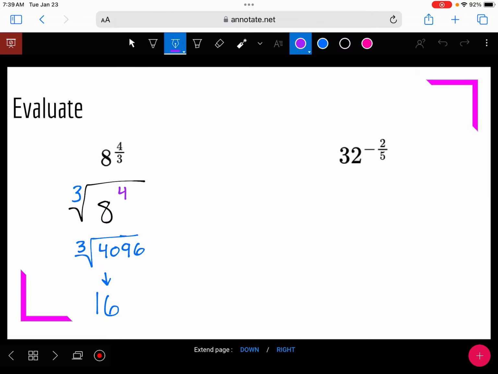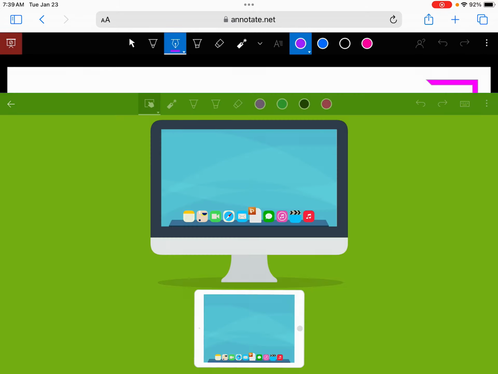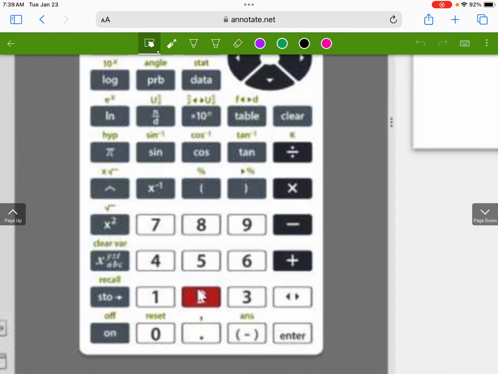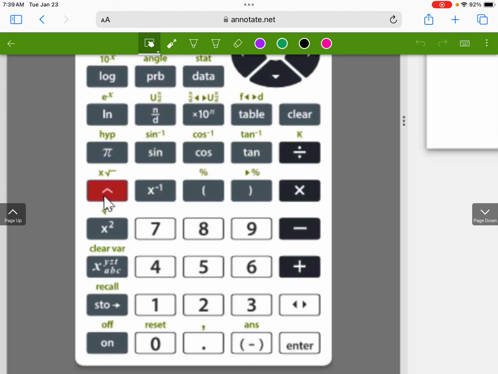So when we're looking to do our 32 to the negative 2/5, we're going to do 32 as our base. We're going to raise it to a power. So we hit the little up arrow on the left-hand side. It's a fraction. And we can even do negative. Grab the bottom one next to the enter sign, not the minus sign.